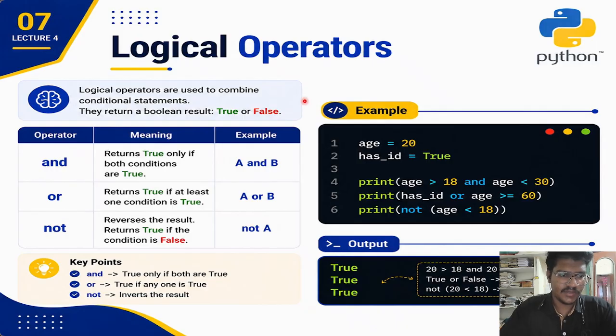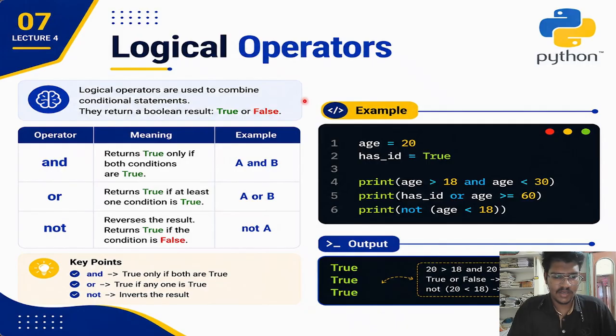The next operator is the OR operator. It returns true if at least one condition, on its left or right, is true. It only becomes false when both conditions are false. Otherwise, it will not become false. And the NOT operator is a unary operator.